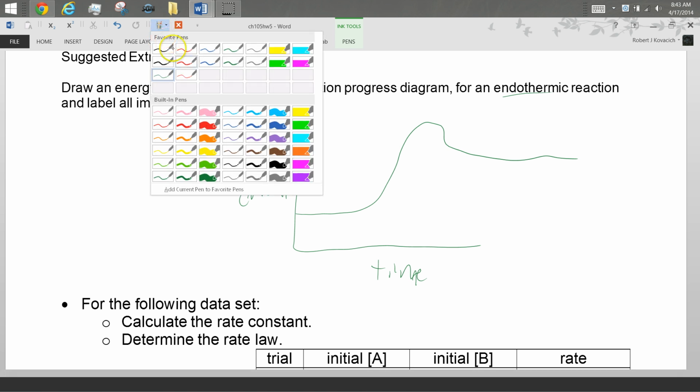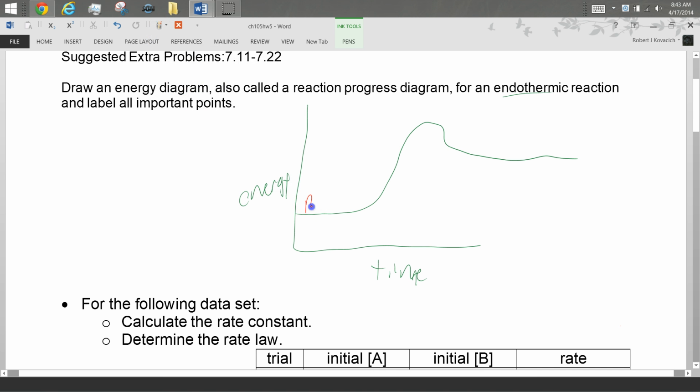And we've got reactants and products, and we've got amount of activation energy, and then we've got a delta G value here, and then this section here is our transition state.